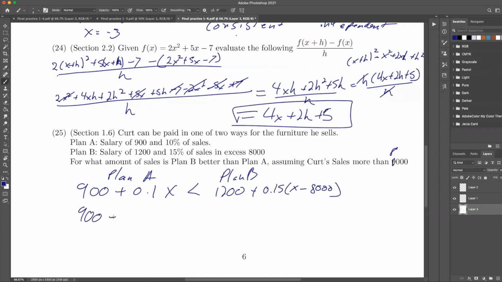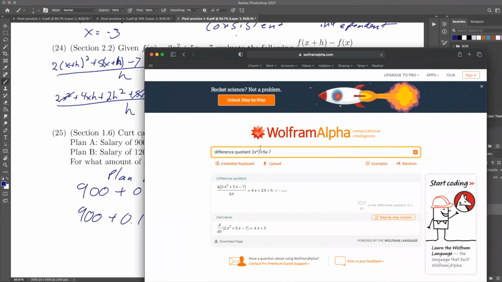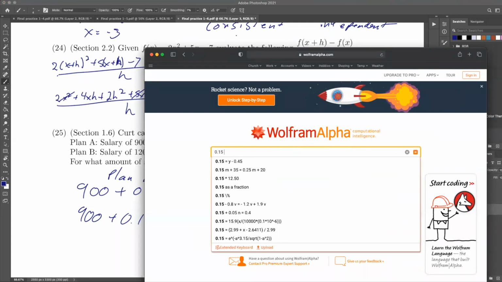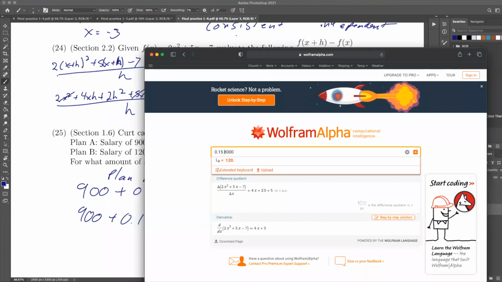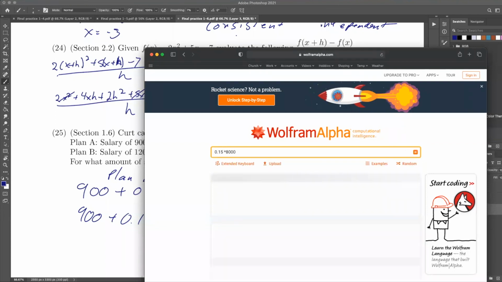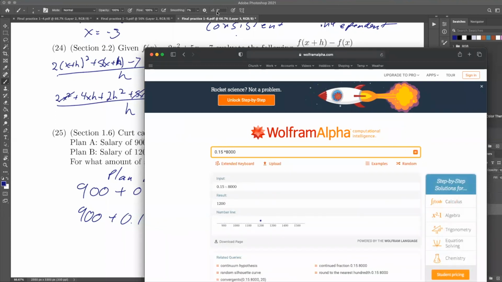So we're going to distribute over. Then this becomes 1,200 plus 0.15x, and then 0.15 of 8,000, which I do not know, so we'll just type it in because my ability to do mental math today has been zero. 0.15 of 8,000.